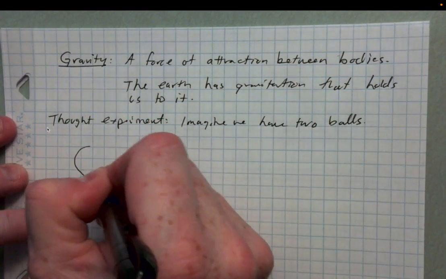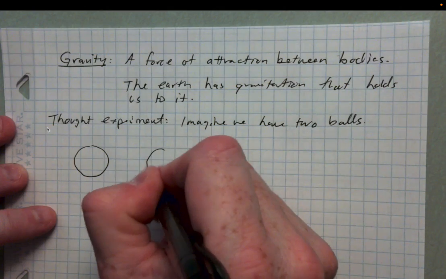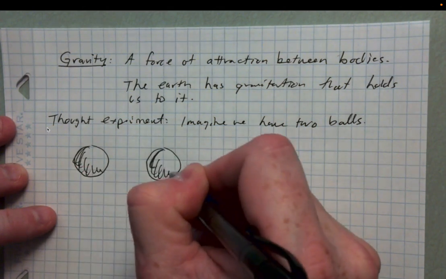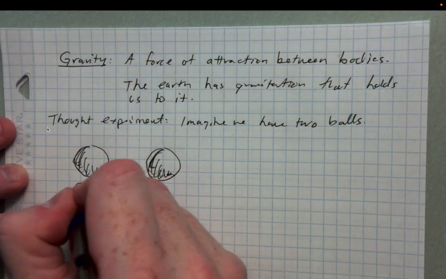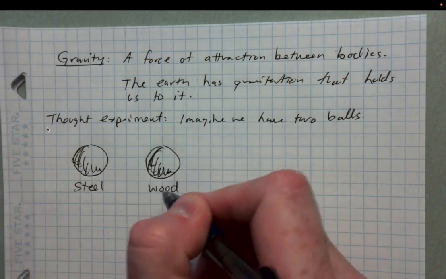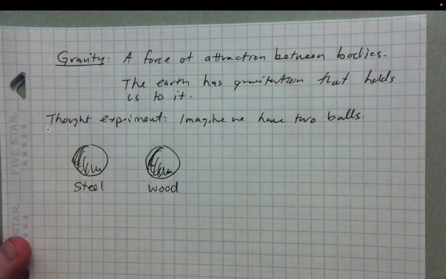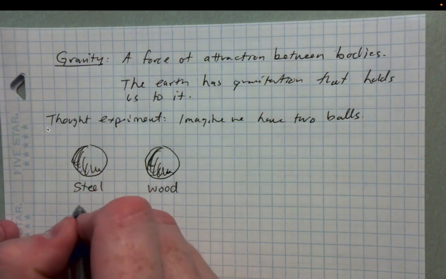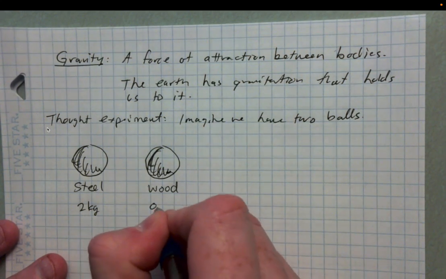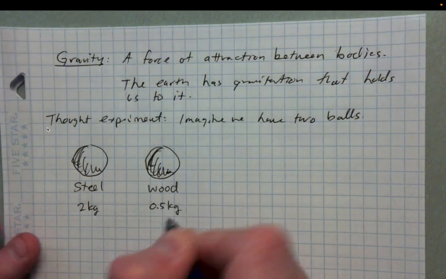And we'll say that they're the same size, meaning they have the same diameter. All right, so you've got two of them. One of them is going to be steel, and the other is made of wood, right? And so the different materials means they're going to have different mass. And so we'll say the steel ball is 2 kilograms and the wooden ball is 0.5 kilograms.